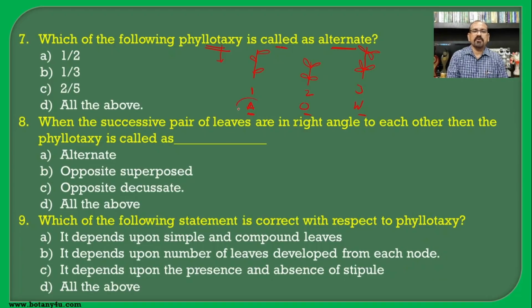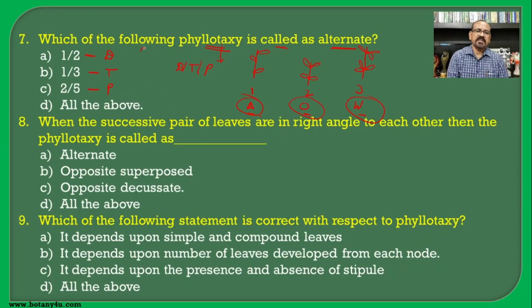So it becomes the alternate, opposite and the whorl. This alternate phyllotaxy is again classified into distichous condition, tristichous condition and pentastichous condition. So 1/2 phyllotaxy is a distichous, 1/3 is a tristichous and 2/5 is a pentastichous type of condition.